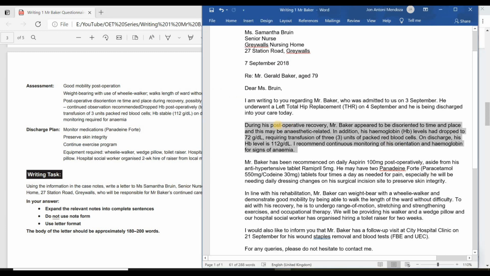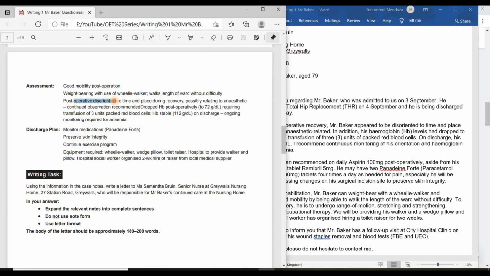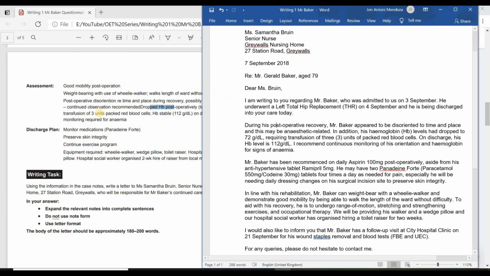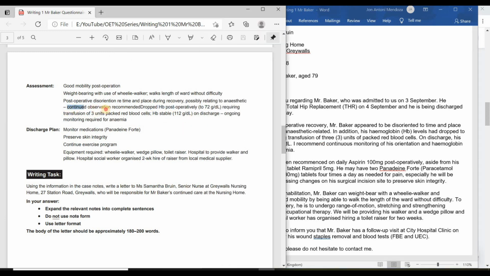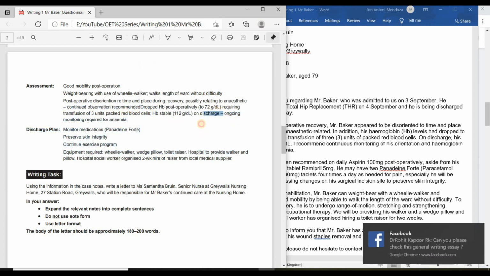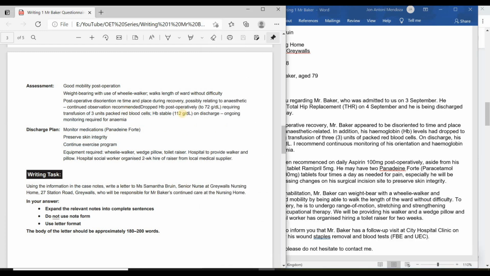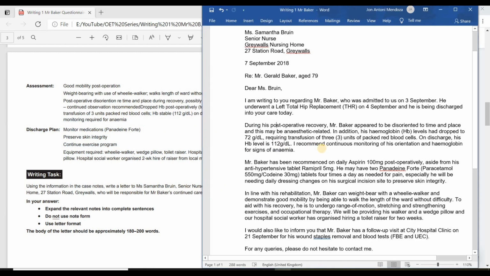Okay, so I've included the disorientation and the HB drop, and they said here continued observation recommended, and then ongoing monitoring required for anemia. So I have included both of them in the letter.